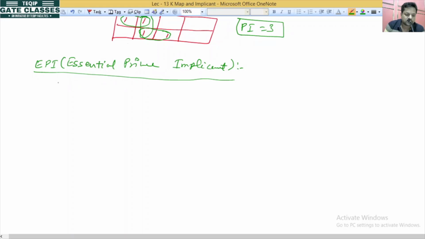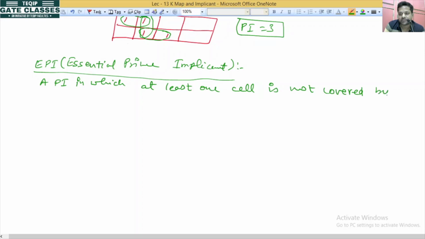A PI in which at least one cell is not covered by adjacent PI is called EPI. So a PI in which at least one cell of that PI is not grouped with another PI or another grouping, then that PI is known as EPI.